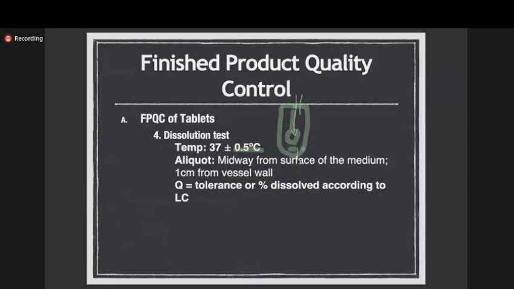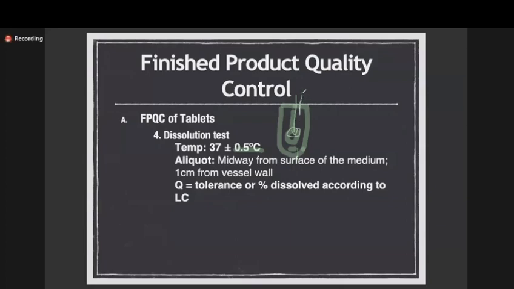Correct, it is for precision. The most accurate or precise concentration is located midway.